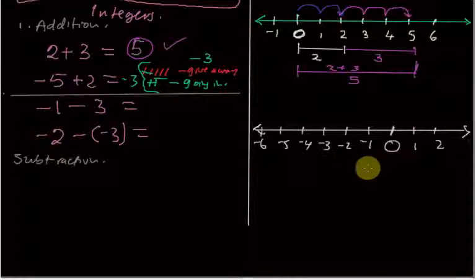We have -5 plus 2. So it means from 0 we travel 5 steps towards the left. That's where -5 is. So we travel to this point here. You're going to show this on a number line.